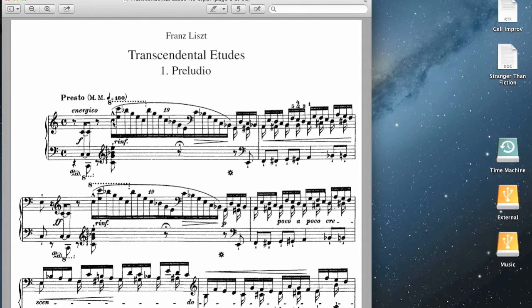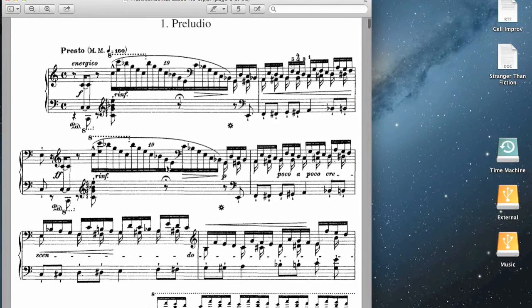Let's just test that theory. We have 1, 2, 3, 4, 5, 6, 7, 8, 9, 10, 11, 12, 13, 14, 15, 16, 17, 18, 19. So I have 19 of those, and they are going to be squeezed into the space of 16, which would be 4 sets of 16th notes. So you have to be very aware of your tuplets.